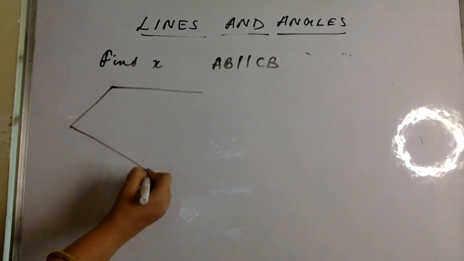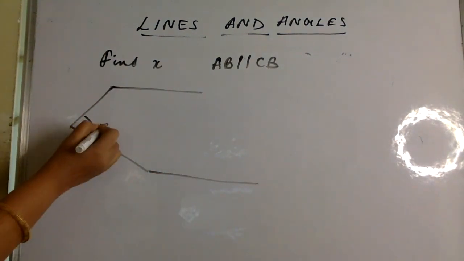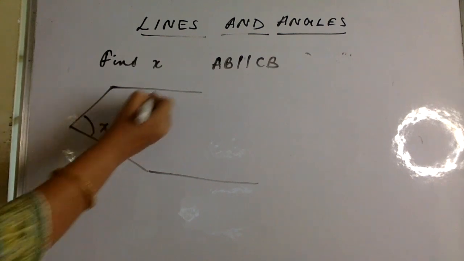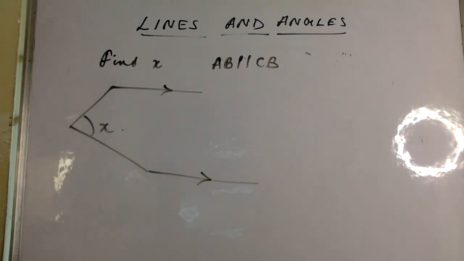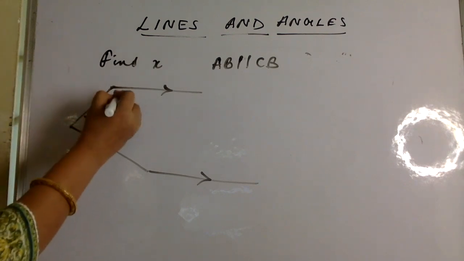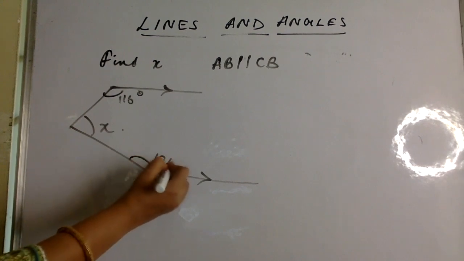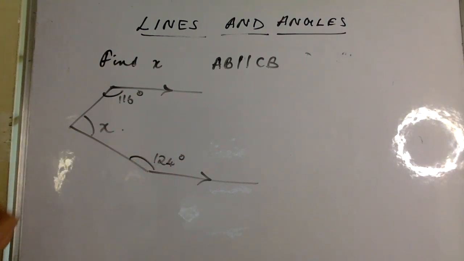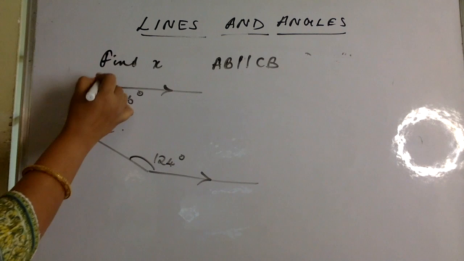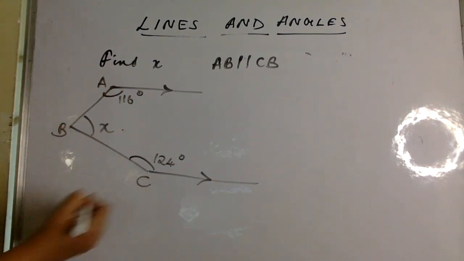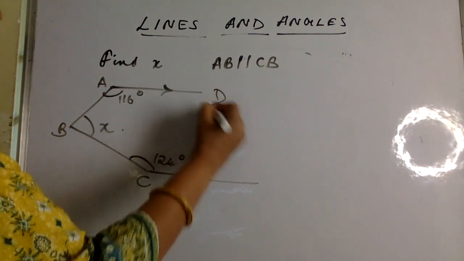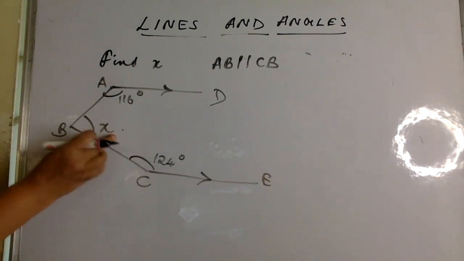They have given you a diagram like this where this is x. These are the two parallel lines, and here is 116 degrees and we have 124 degrees over here. This line is A, B, C and then D and E. So we are supposed to find the value of x.